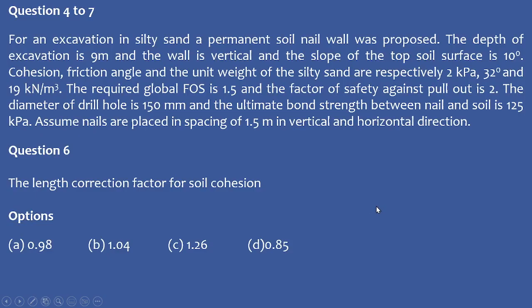Okay, no problem with that. Let me give you. The length correction factor for soil cohesion is given by C corrected, which is -4 times the normalized cohesion which we have calculated, plus 1.09.